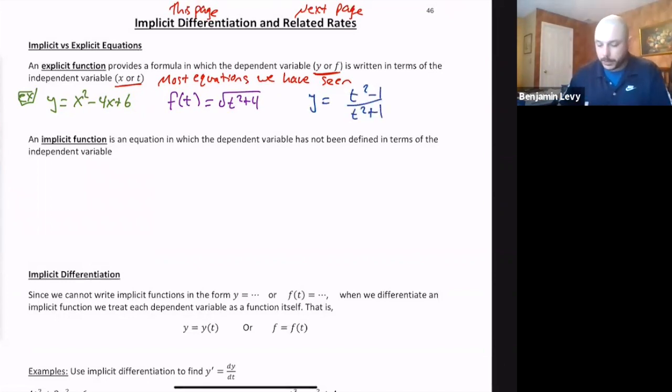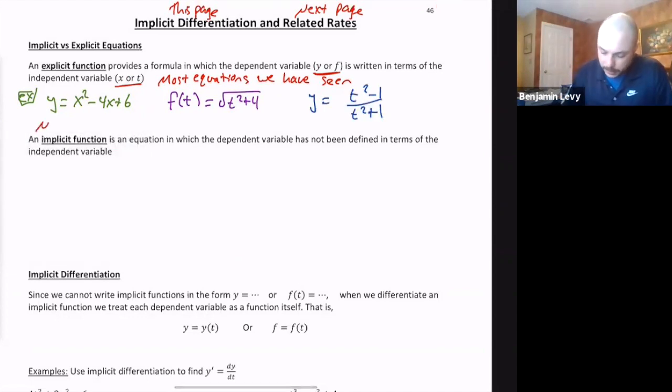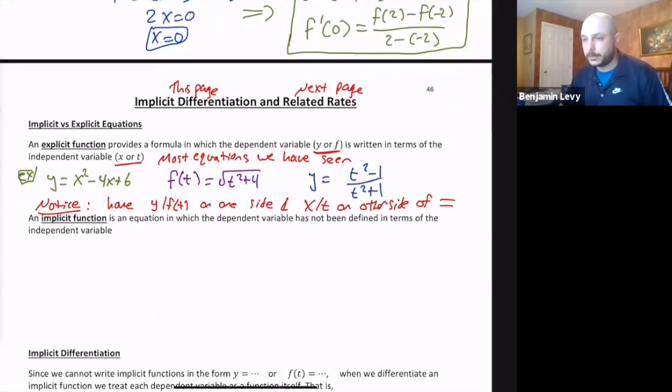What I'm really trying to point out in all these examples is we have the y or the f on one side and the x or the t on the other side of the equal sign is what I mean when I say sides.